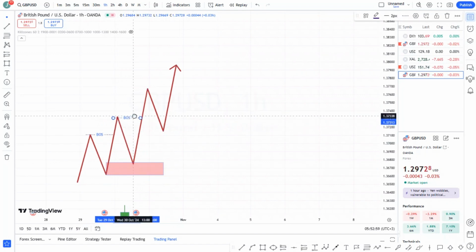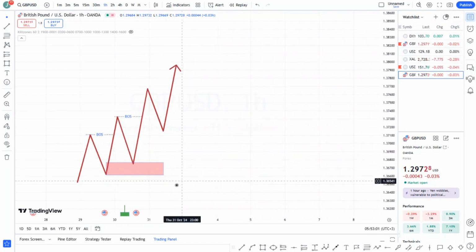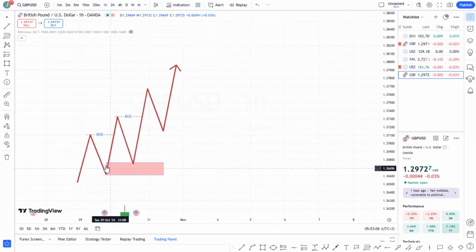So let me draw this here. If you see an order block forming and price doesn't really break structure by taking out the previous high, you'd not consider that a valid order block. So it must at least break structure or change character.